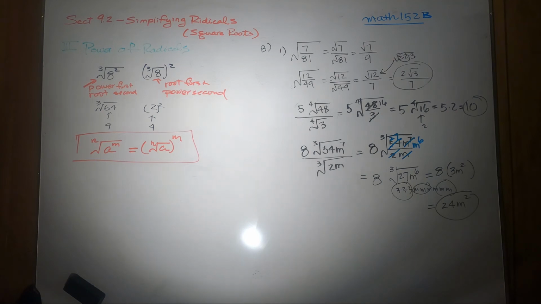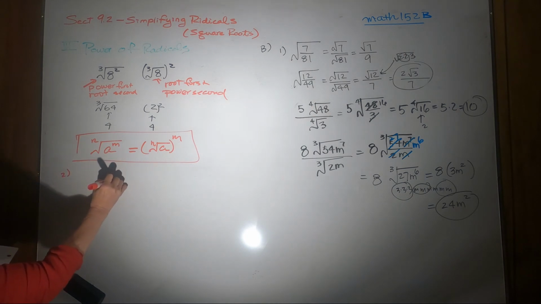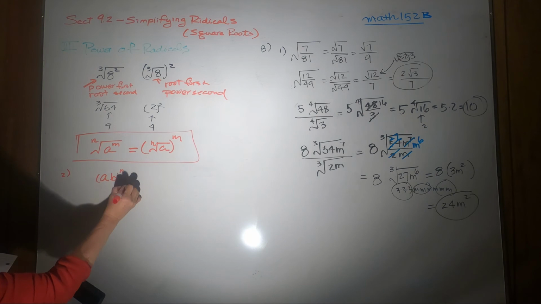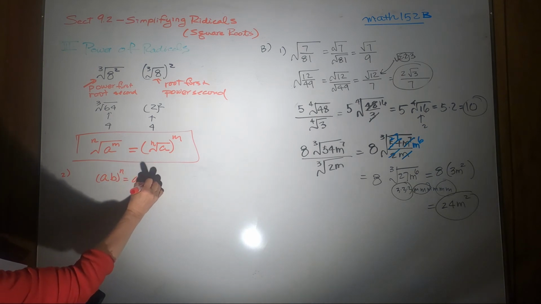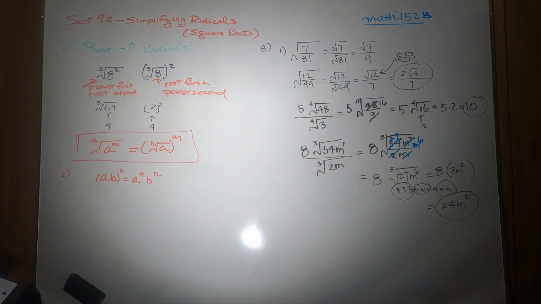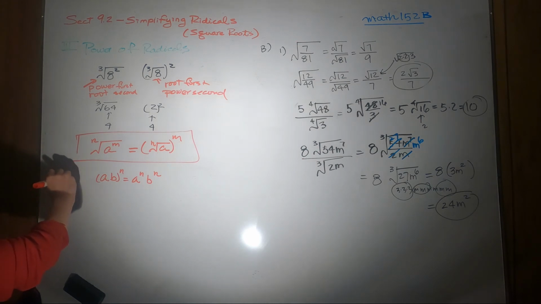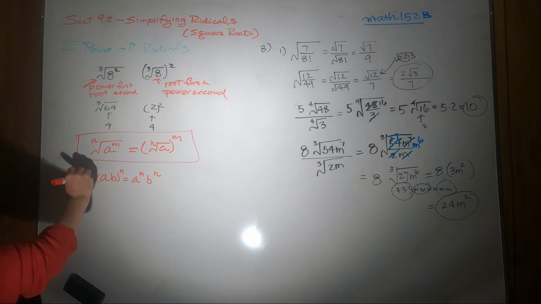Then also we talk about, because we said radicals are opposite of exponents, right? Characteristics wise. Then we keep reviewing the power as well. We say a times b to the nth power would be what? a to the nth power times b to the nth power. We call this power of a product, right? You have two bases.